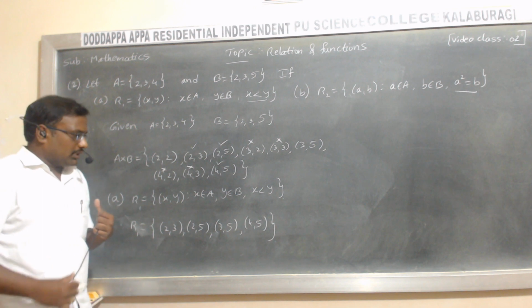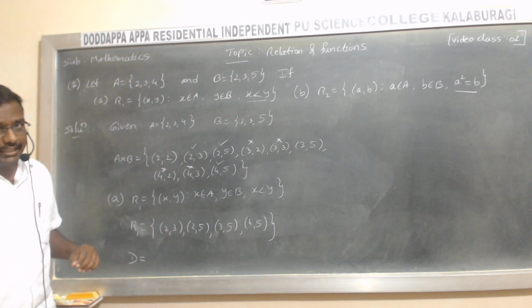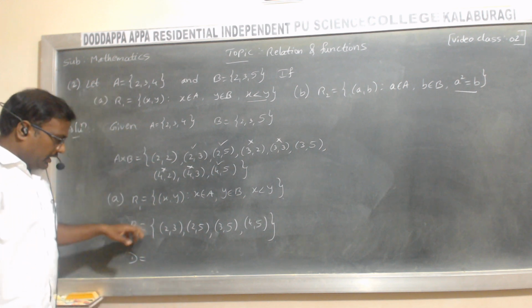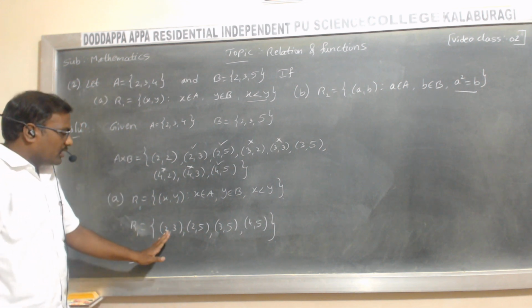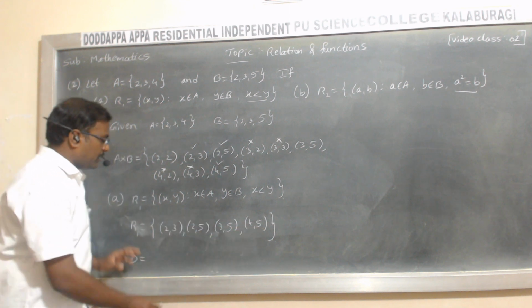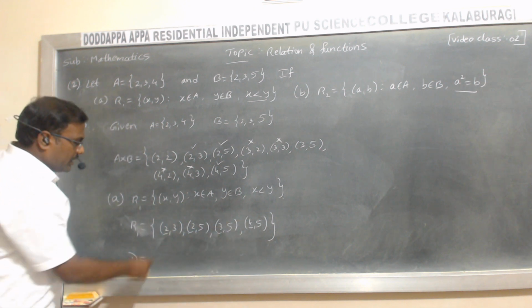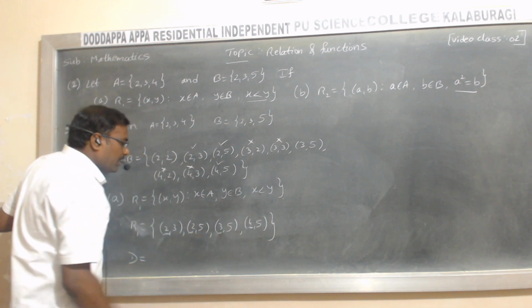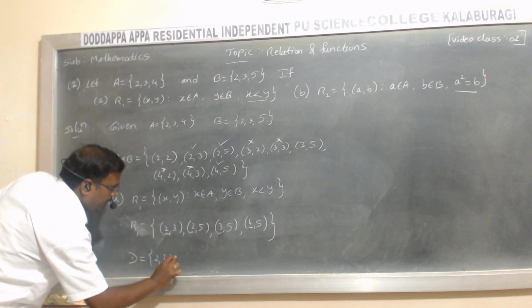Here is another concept, domain. You already studied this in first year. In a relation, how do you find the domain value? In ordered pairs, you take the first element. What is the first element here? 2, 3, 4.